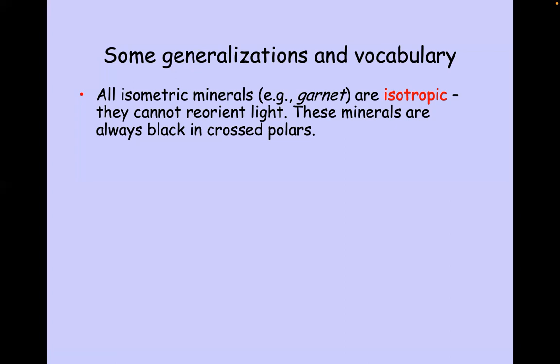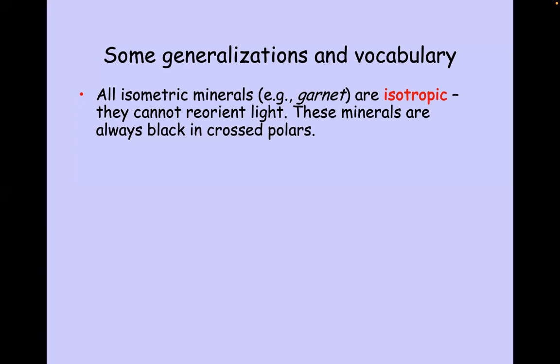Diamond? Yeah, that's correct. What else? Fluorite. Yes, fluorite, good. That's what I expected also. Those are the very common isometric minerals which remain dark in cross polars, right? There may be a few more, but these are the most commonly found minerals in our rock situations.